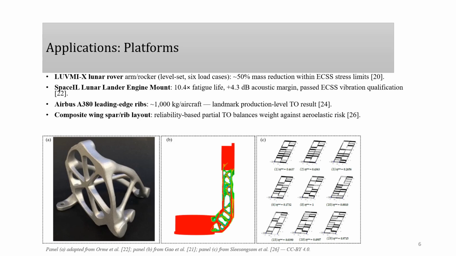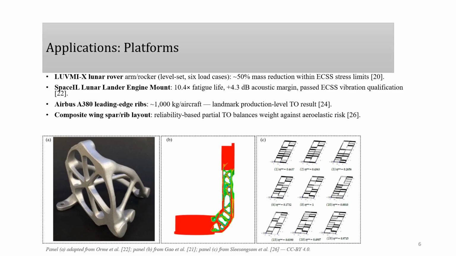Beyond brackets, topology optimization has also been applied to larger space and aerospace platforms. The LUVMI-X lunar rover arm and rocker achieve approximately 50% mass reduction while remaining within ECSS stress limits. The Space IL lander engine mount is another important example because it connects optimization with actual qualification performance.